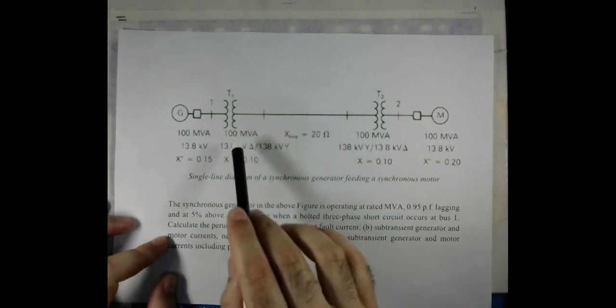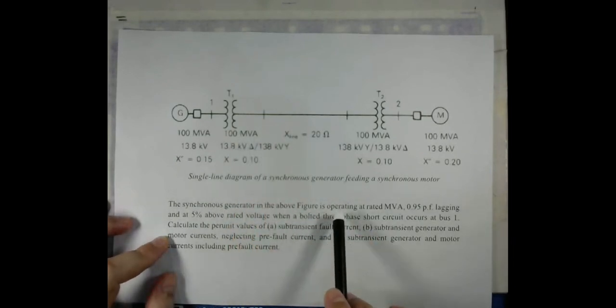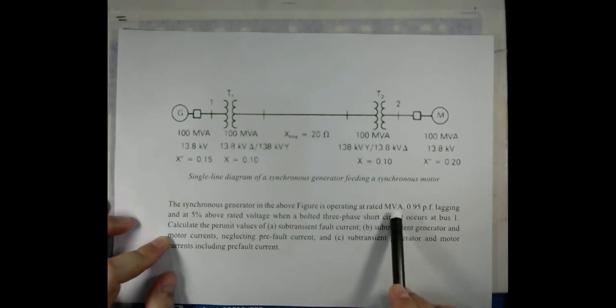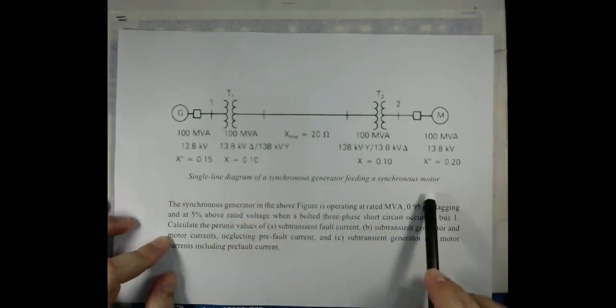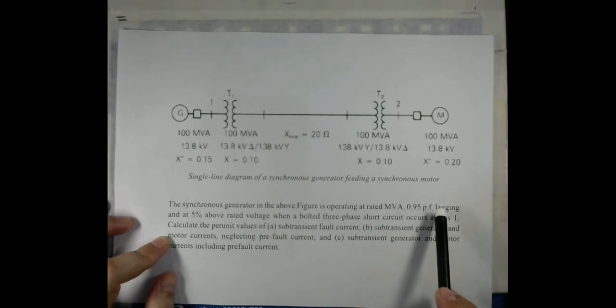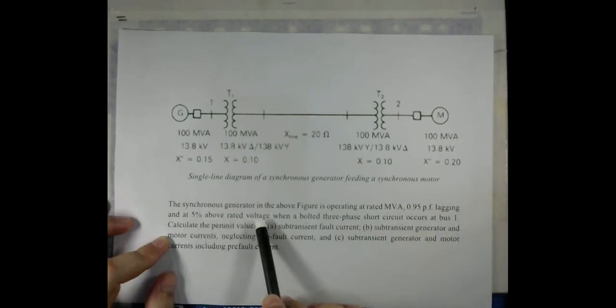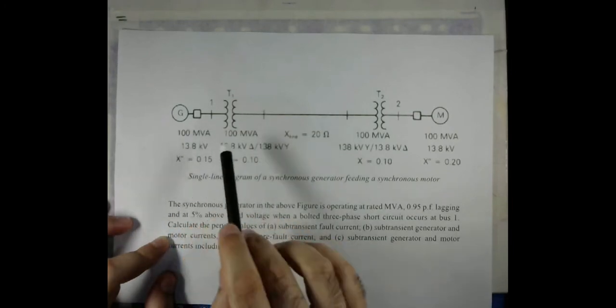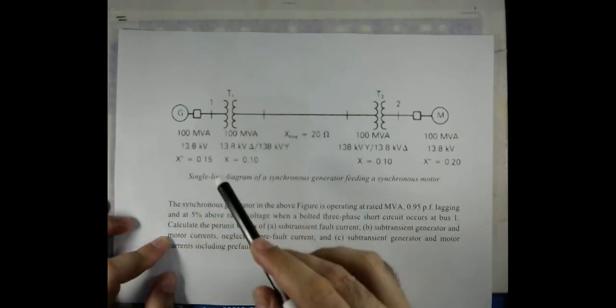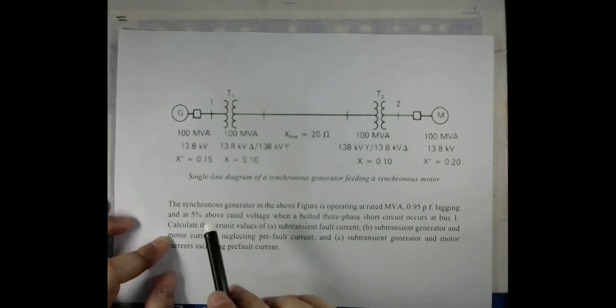In this figure, the synchronous generator is operating at rated MVA with a 0.95 power factor lagging and at 5% above the rated voltage. As the voltage is 13.8 kilovolts, it is operating at 5% above this value.